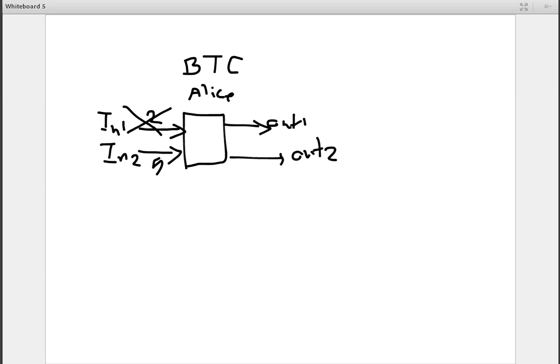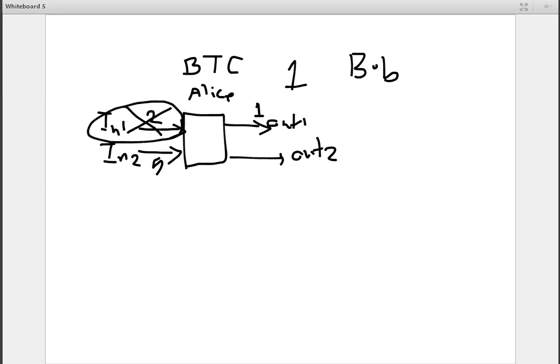I want to spend 2. Maybe, for example, she wants to send 1 Bitcoin to Bob. To do so, she must create a transaction and say that the original money is this transaction.